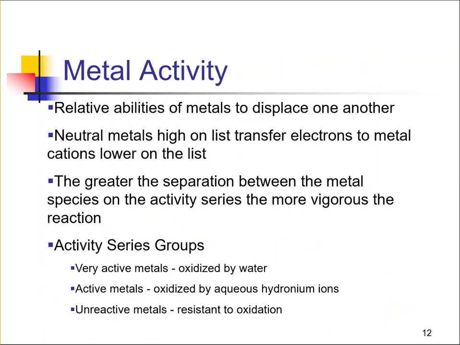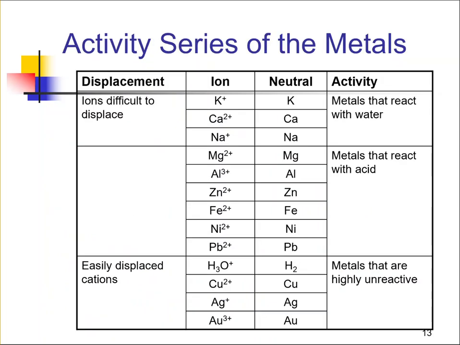Now for single displacement reactions, we have to look at the activity series to see if our single displacement reaction takes place or not. The activity series will be provided to you, but you want to look at the activity series for ions and neutral metals, and based on the activity series you tell if a single displacement reaction is going to occur or not.